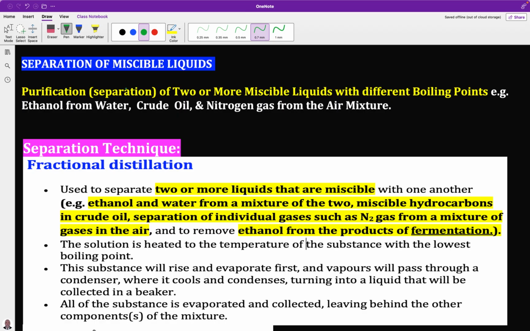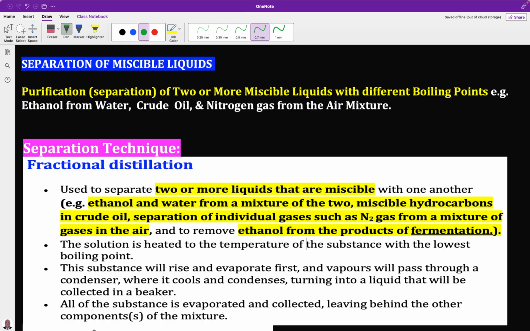The solution is heated to the temperature of the substance with the lowest boiling point.